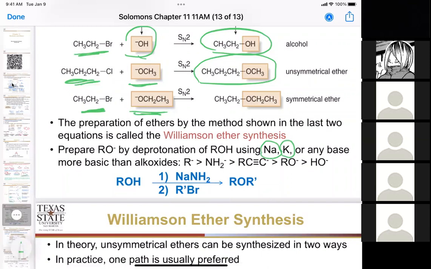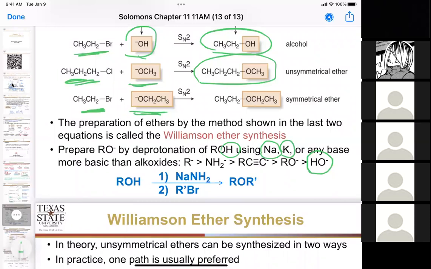Now, you can do this deprotonation with any base stronger than your alcohol. You can't do it with hydroxide. If you look at its conjugate acid, water, it has a pKa of 15. The alcohols have pKa's of 16 to 18, so they are less acidic than water, and hydroxide is not basic enough.